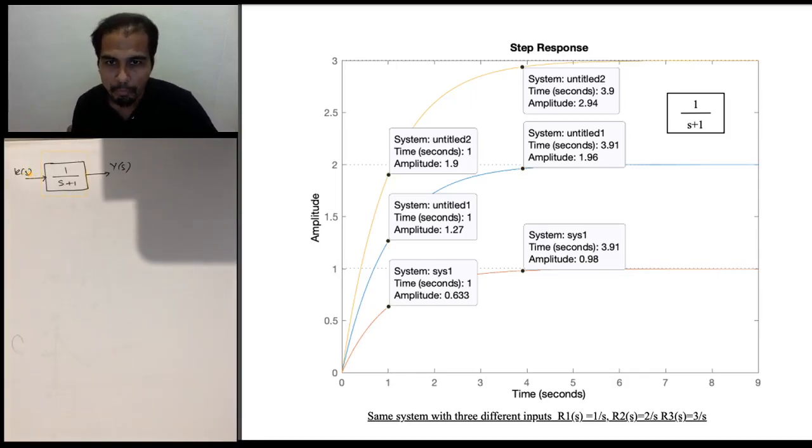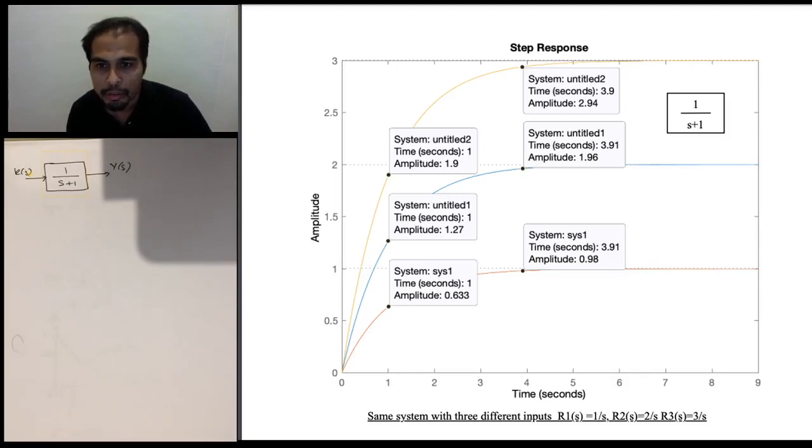So we will supply three different inputs to the system. Look at the slide. R1, the input 1, is 1 over s, R2 is 2 over s, R3 is 3 over s. We're going to apply them to the same system, which is 1 over s plus 1, and then see what the response is and the parameters on the response side.